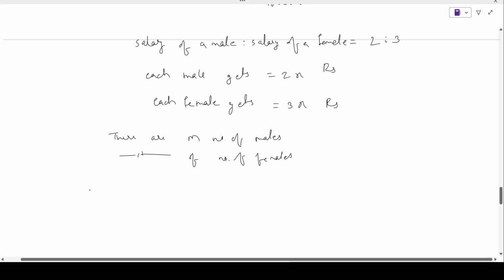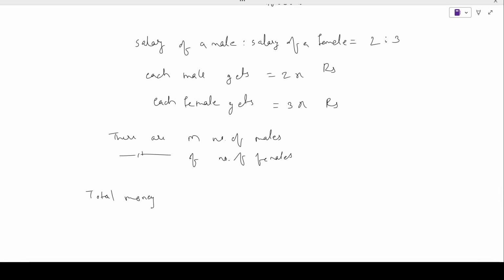So total money given to male is m into 2x. Total money given to females is f into 3x.